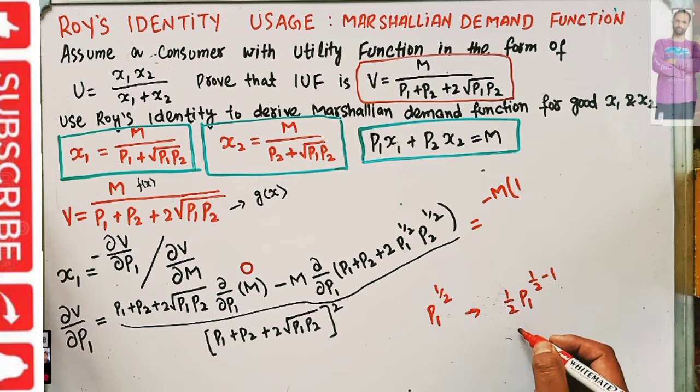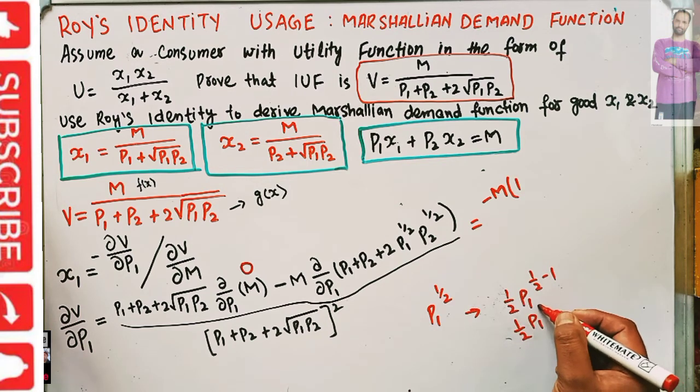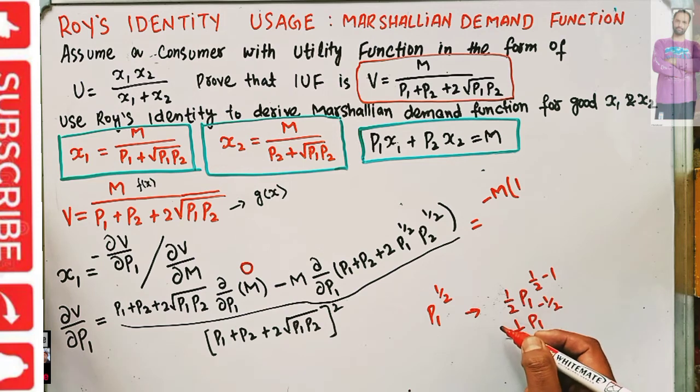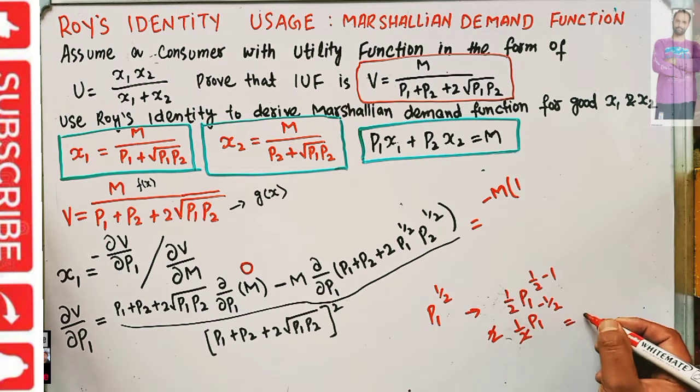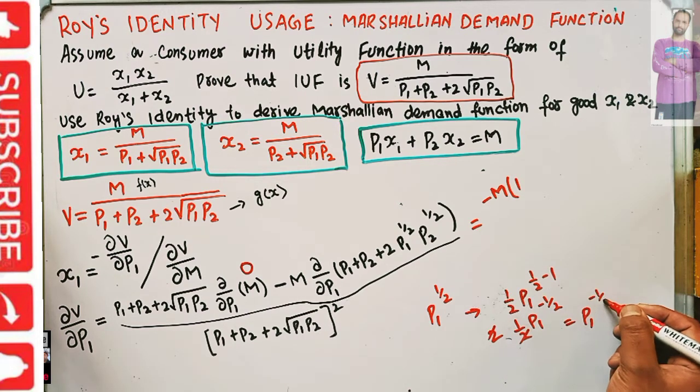So this will become 1 upon 2 p1 raised power minus 1 upon 2, and we have the 2 here. The 2 and 2 will get cancelled, so we are left with p1 raised power minus 1 upon 2, and this can be written like this, 1 upon p1 raised power 1 upon 2.